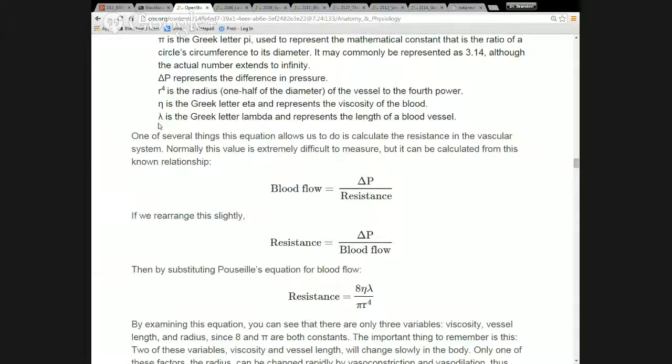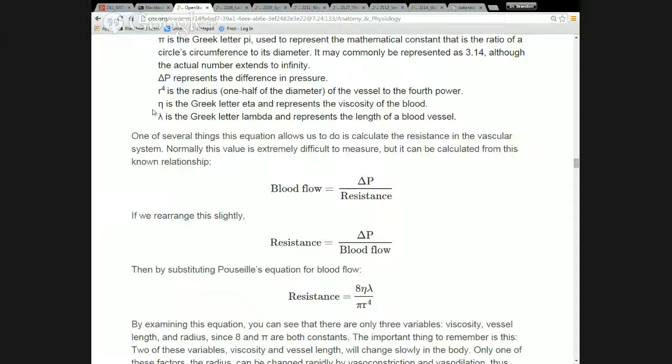Oh, actually, I guess they are technically the same thing. Right, but if we think about it, lambda corresponds to length, and here we're talking about the length of a blood vessel. Lambda also is used as a measure of the length of wavelength. It's just on a very different scale.